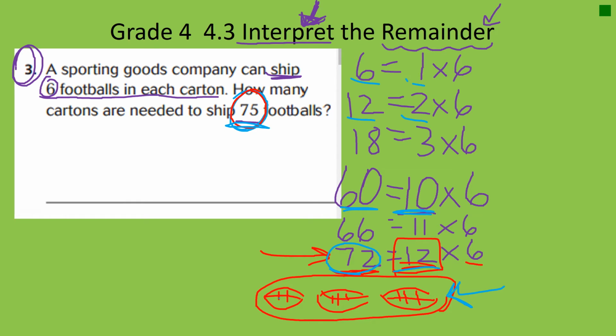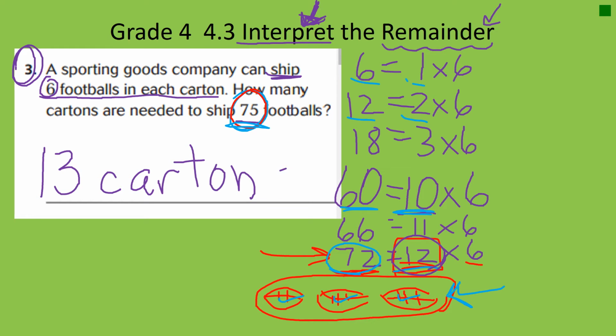So we're going to take these 3 extras and put them in a separate carton. So we didn't just use 12 cartons, we used 13 cartons, right?